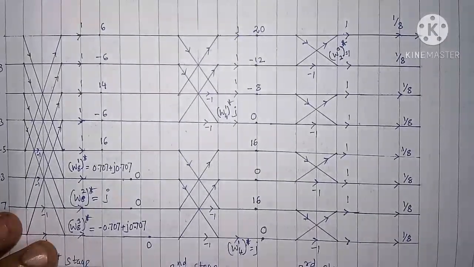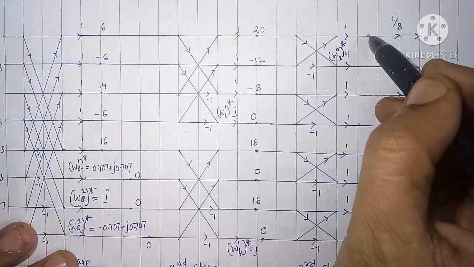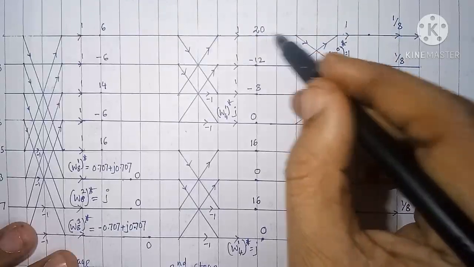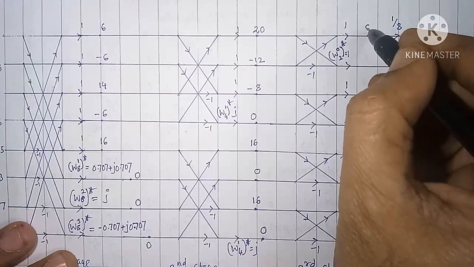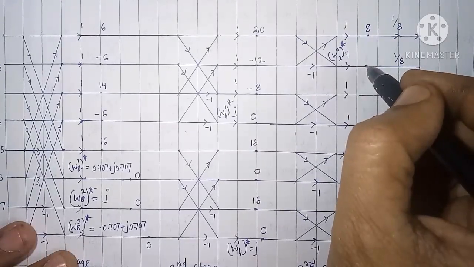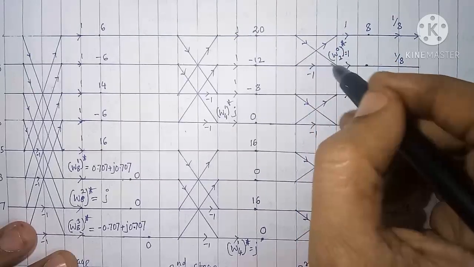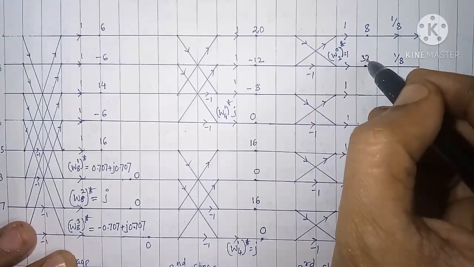Next, at this point the output will be 20 minus 12, 8. At this point output will be 20 plus 12, 32.